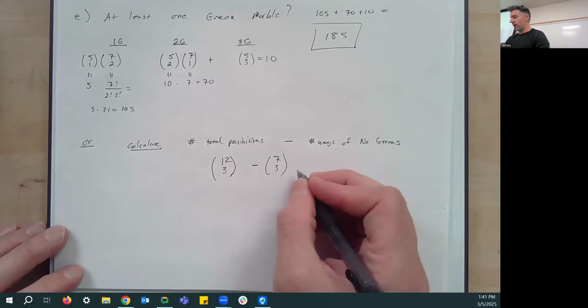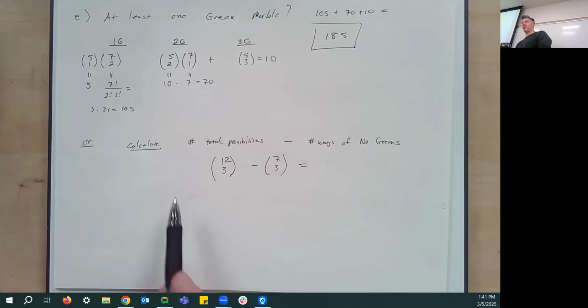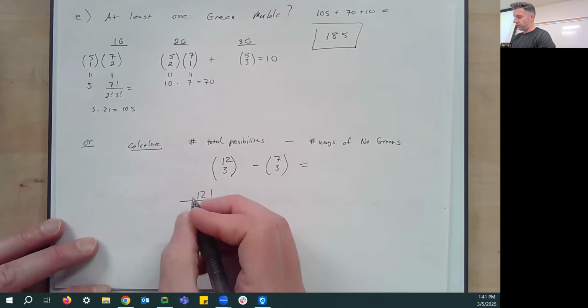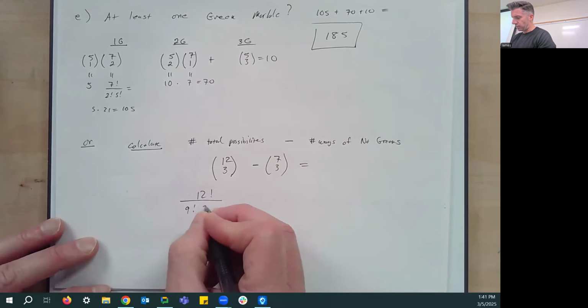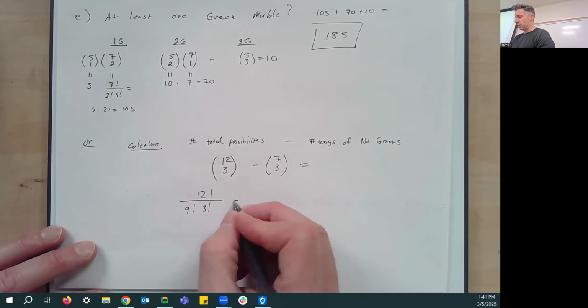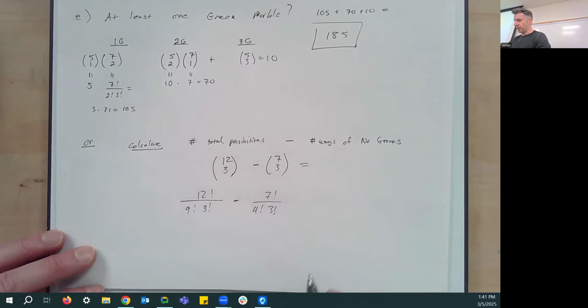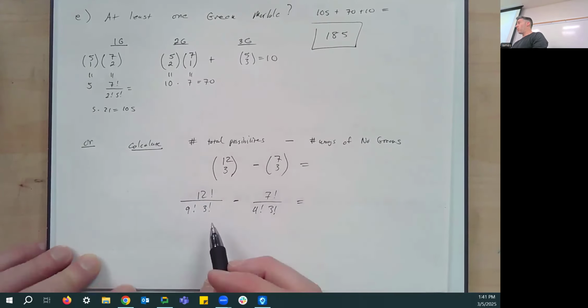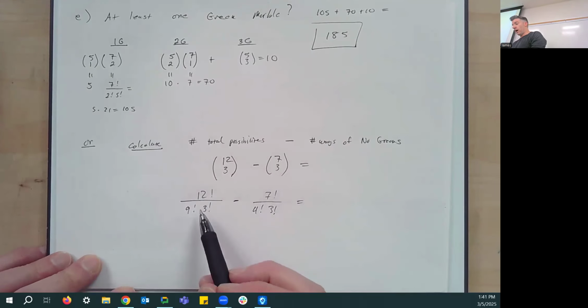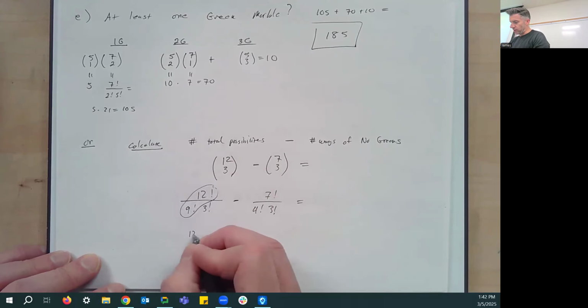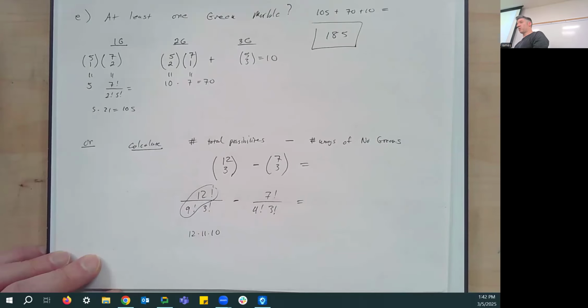Let's calculate and see what we get. Unfortunately, there isn't a nice common denominator thing here. We just have to calculate it. That's going to be 12 factorial over 9 factorial times 3 factorial, minus 7 factorial over 4 factorial times 3 factorial. Watch the work I'm going to do here. I know that 12 factorial over 9 factorial is just going to give me 12 times 11 times 10, and then the 9 and everything lesser cancels.